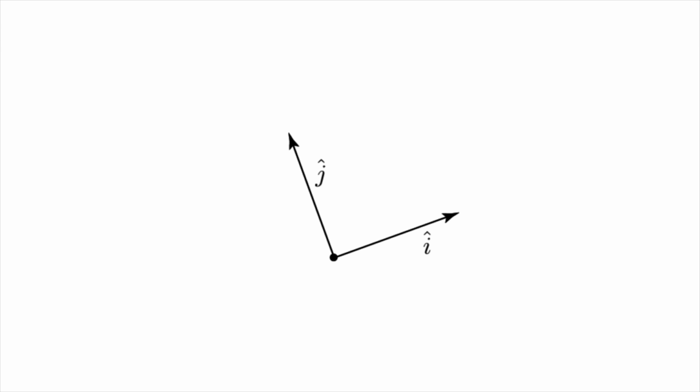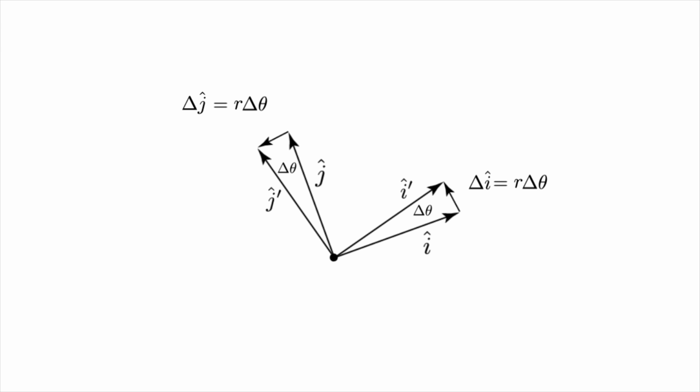In a time interval delta t, the unit vectors go through an angular displacement delta theta, and their tips go through a linear displacement di hat and dj hat, respectively. The magnitudes of these displacements are the product of the unit vector's length and delta theta. Since the unit vector's length is unity, the magnitudes are simply delta theta.